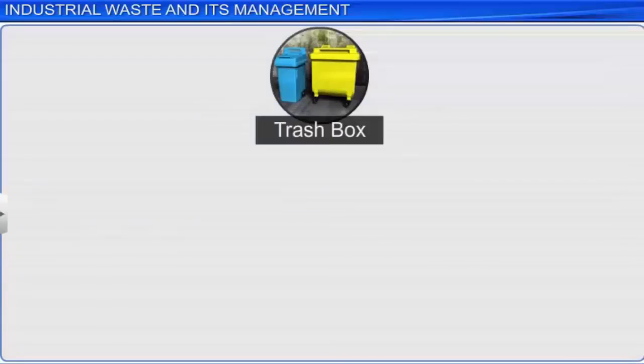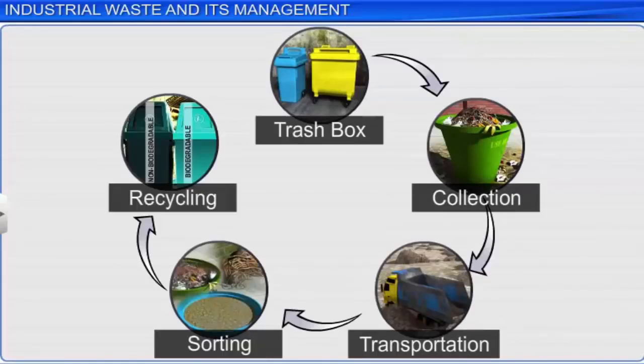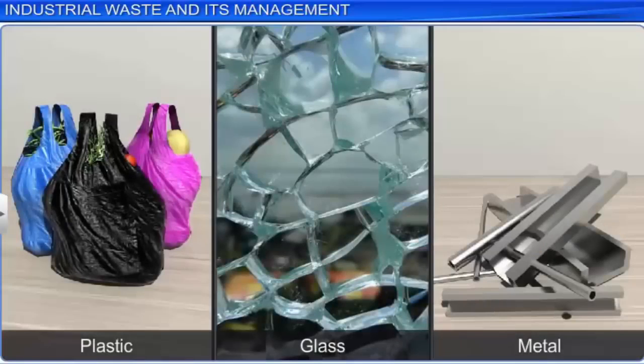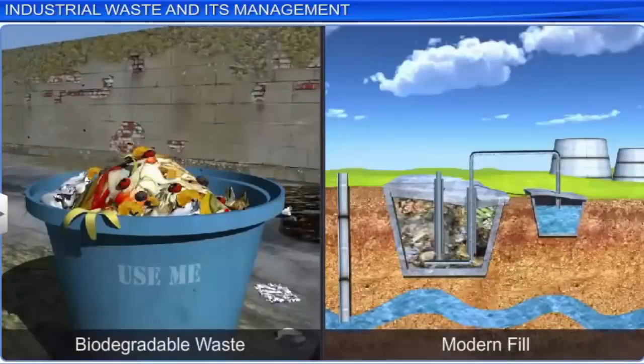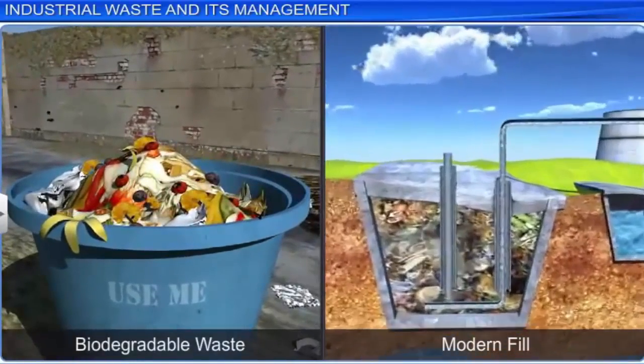From the community bins, waste is collected and carried to the disposal site, where the garbage is sorted out and separated into biodegradable and non-biodegradable material. The non-biodegradable material like plastic, glass, and metal scrap is sent for recycling, while the biodegradable waste is deposited in landfills to convert it into compost.